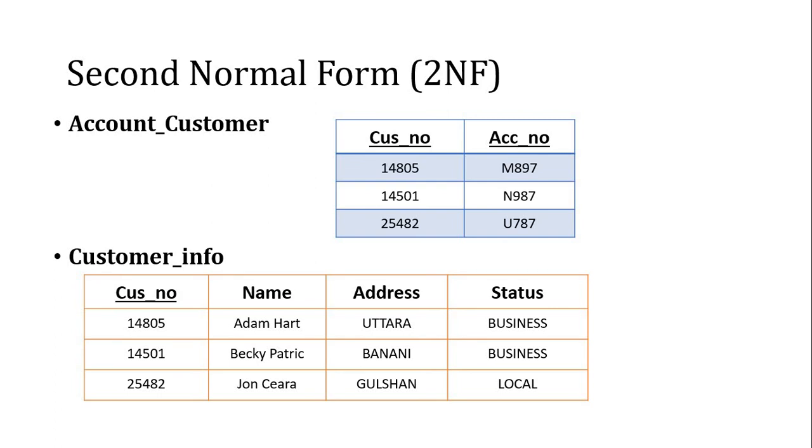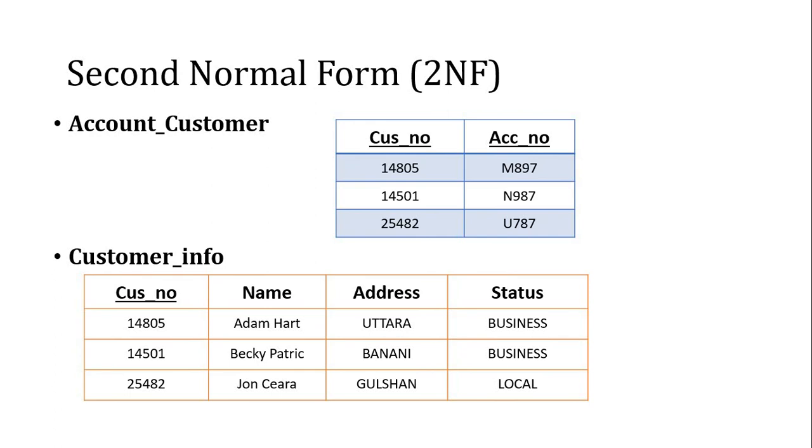So customer name, address, and status, all three attributes, are dependent on the customer no. So no rules are violated. All the non-key attributes, name, address, and status, are fully functionally dependent on the primary key, customer no.